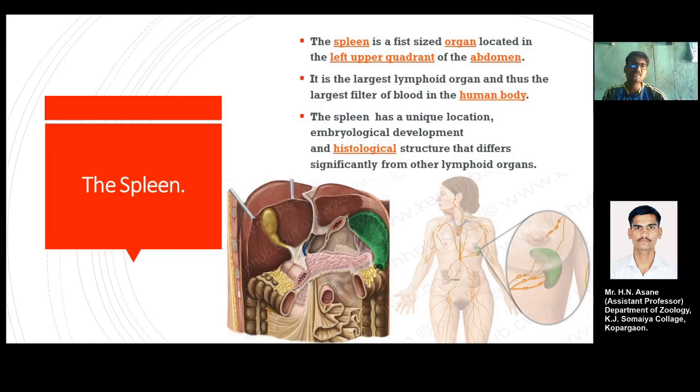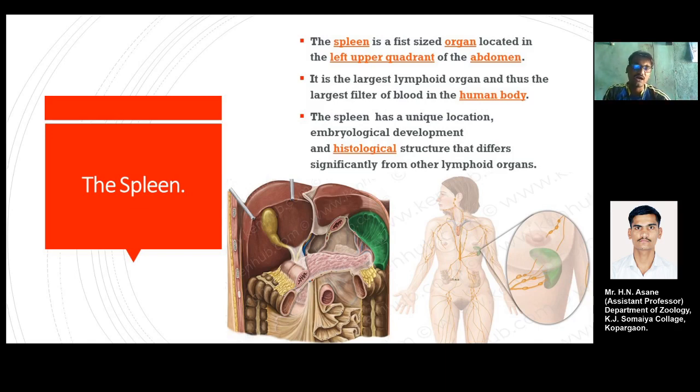The spleen is a fist-sized organ which is located at the left upper quadrant of the abdomen. As you can see in the picture at the right bottom, this is the anatomical location of the spleen, just under the fifth, sixth and seventh ribs.